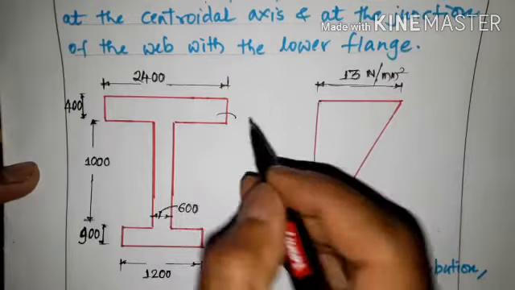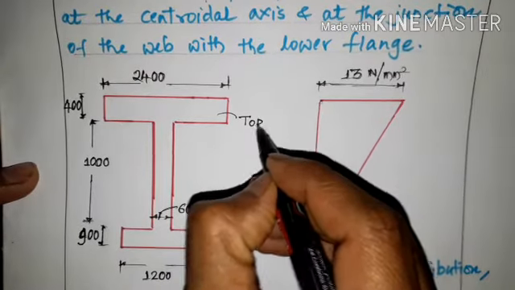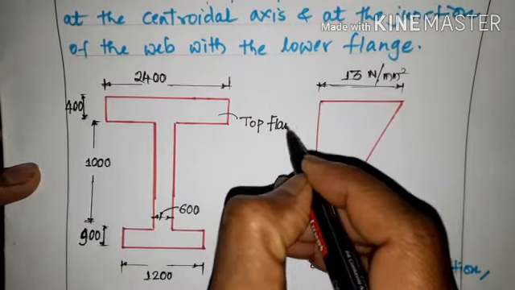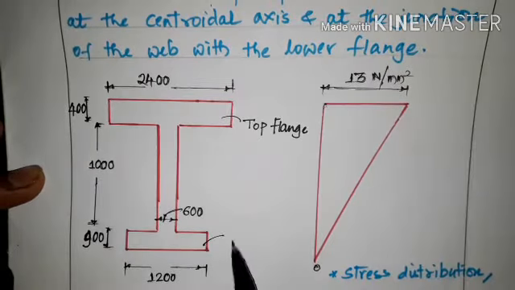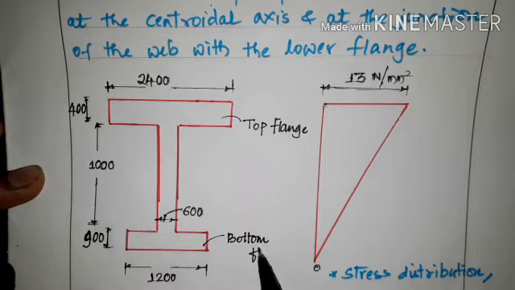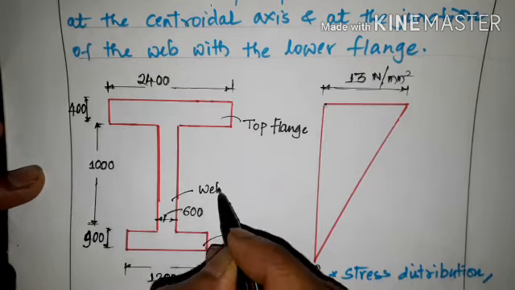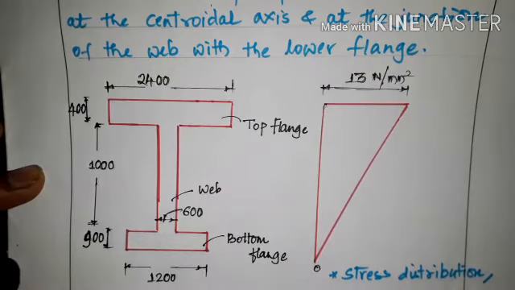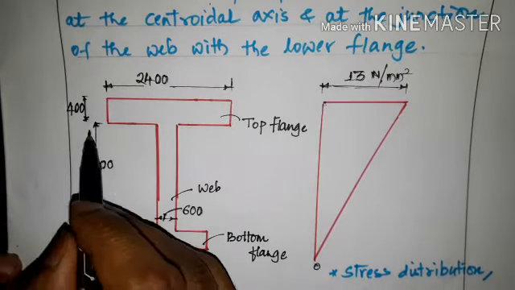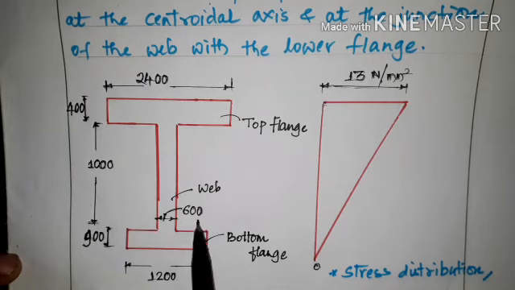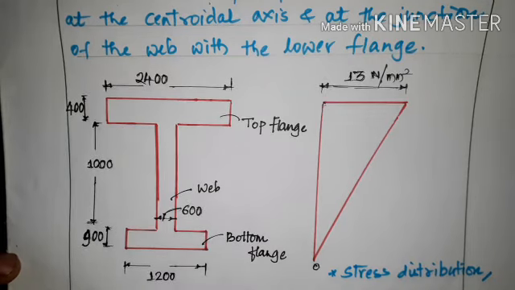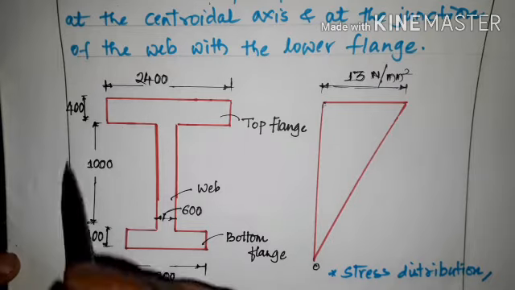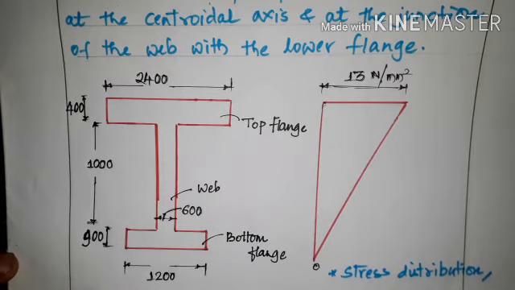Here this is the top flange, this is the bottom flange, and this part is the web. The web size is given as 1000 mm depth and the thickness of the web is 600 mm. So this is the cross section of the unsymmetrical I section.